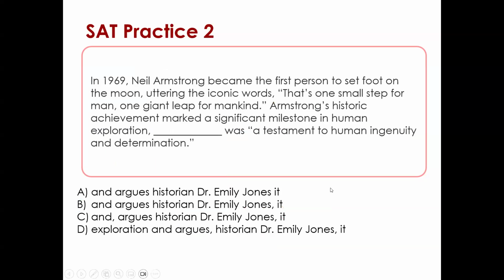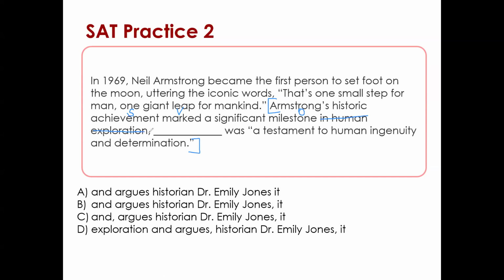Now, moving on to the last question. So same thing, I'm going to start from the sentence and then look at my subject verb. Armstrong's historic achievement, which is the subject, marked a significant milestone. Milestone is the object. And let me cross out this prepositional phrase: in human exploration. Okay.